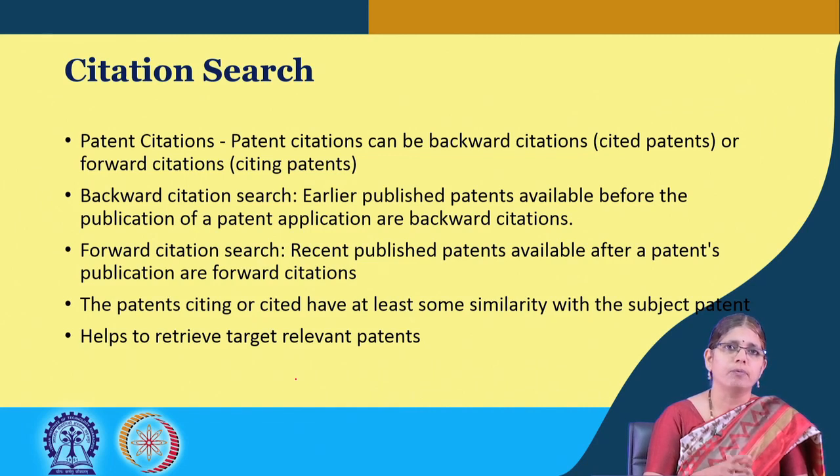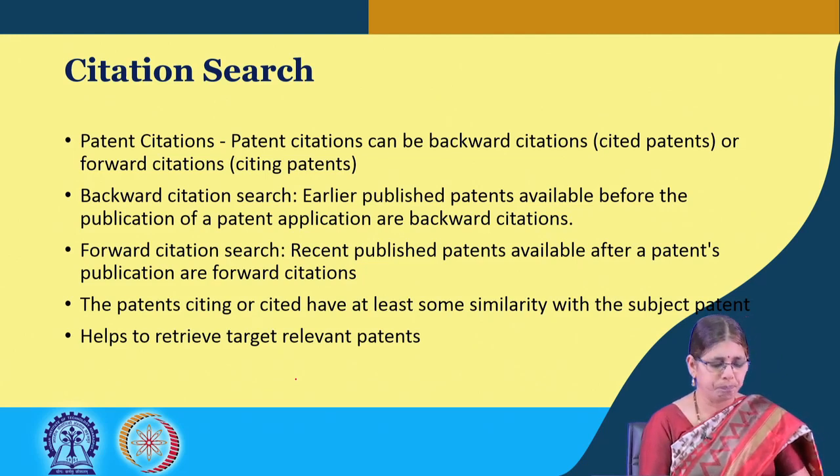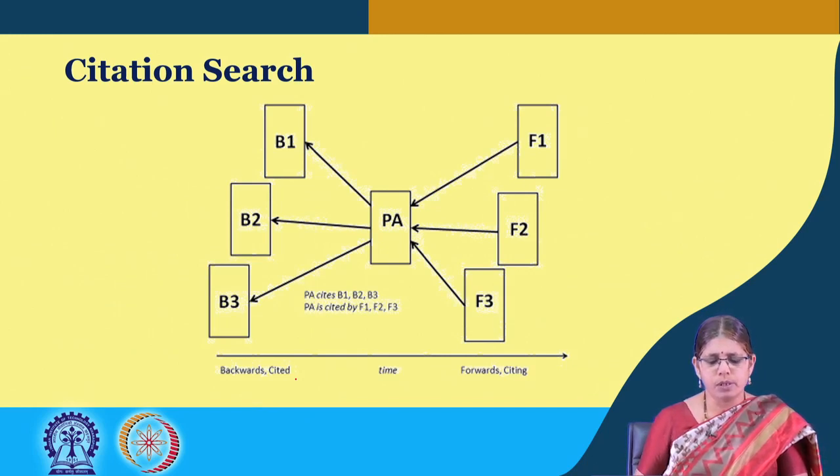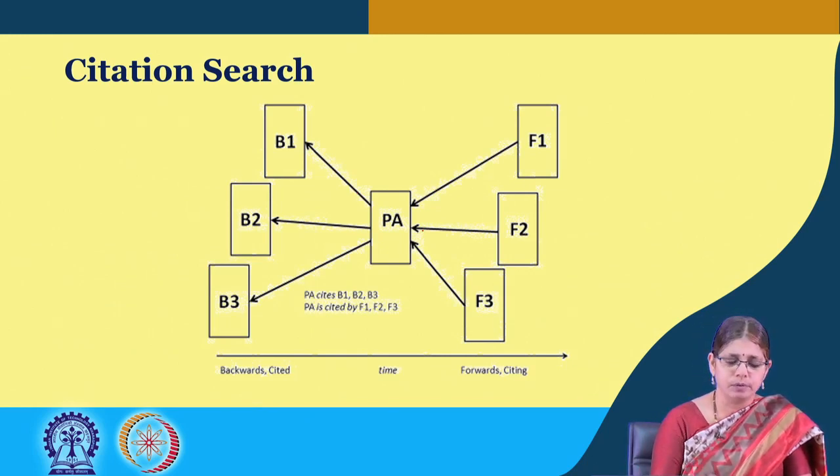And in fact, it forms a very important part of what we call the valuation of patents. There are many fee-based databases which offer very enhanced capacity to look at citation search and the analysis of cited patents. So, this is again an important aspect of the search that is taken up. This is one illustration: if you are looking at a particular patent, there could be backward citations, and there could be forward citations.